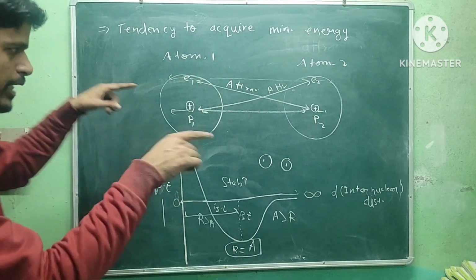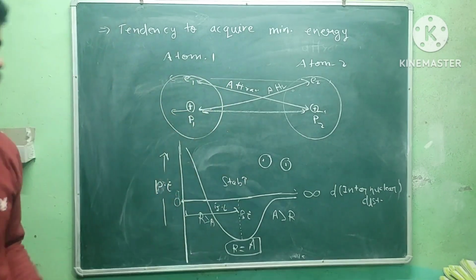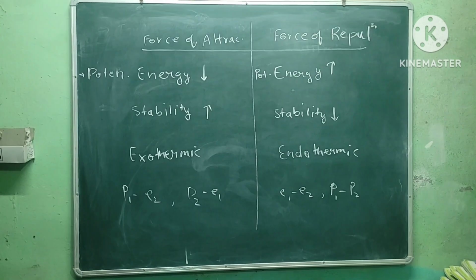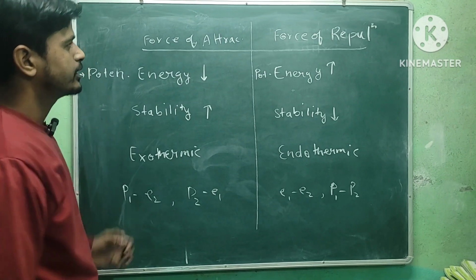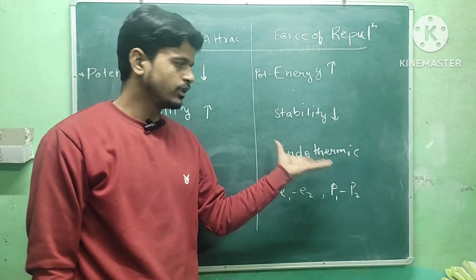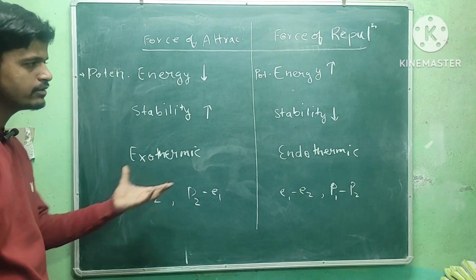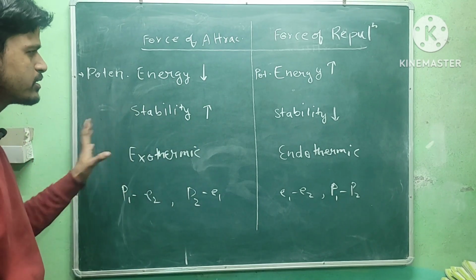Let us formulate and tabulate some results from these discussions. Now this is the conclusion we have discussed earlier about bond formation with the help of the graph and simple example discussions.